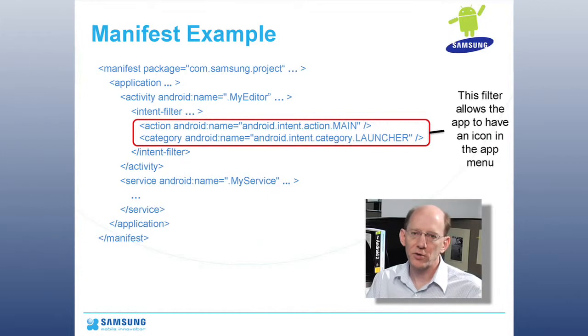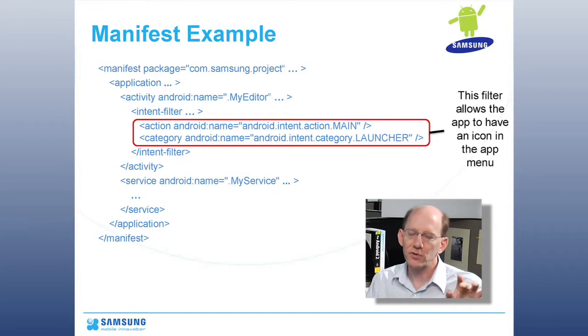Here's a particular example that we wanted to highlight because this is important for pretty much any application. For a particular activity's intent filter, there's one specific pairing of intent filters that is going to cause the system to decide to put the icon for your application into the launcher, to make it available for the touch the icon and away you go kind of startup.